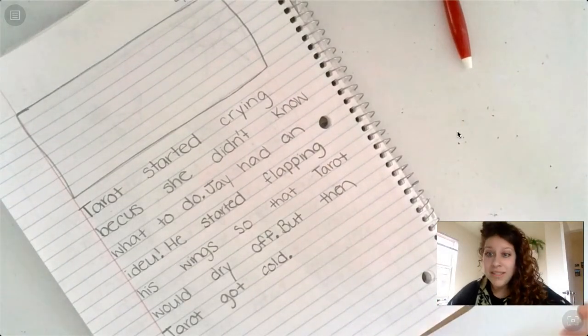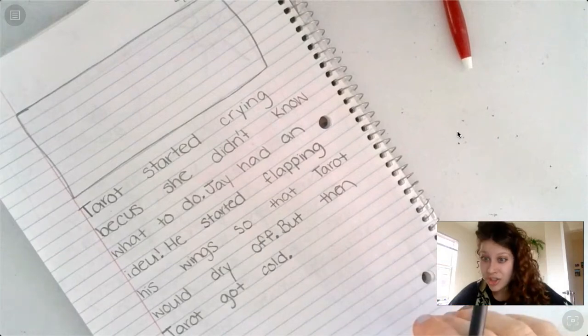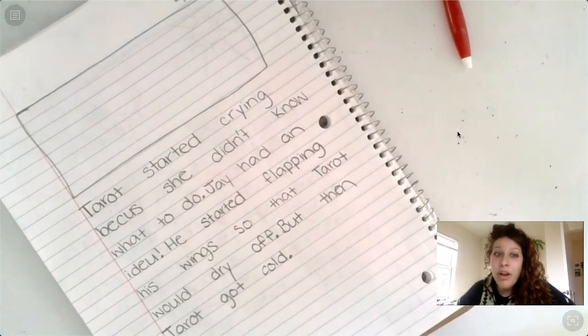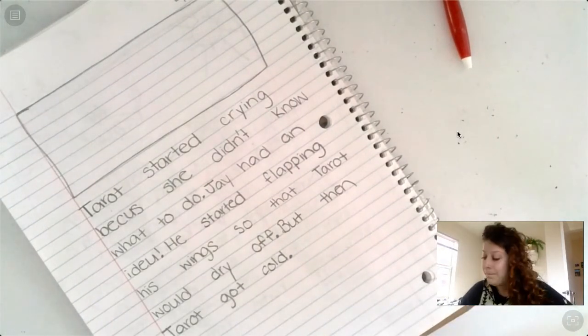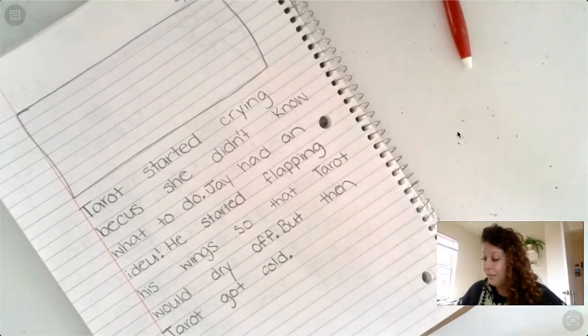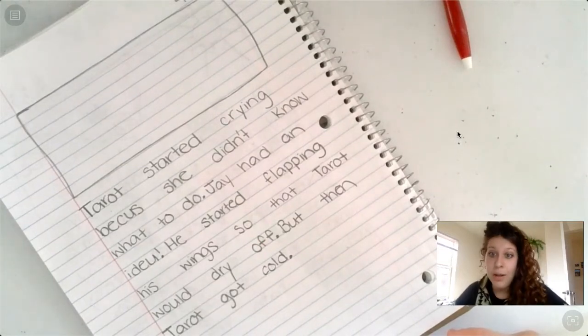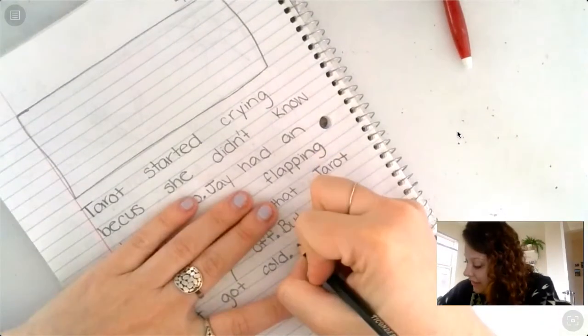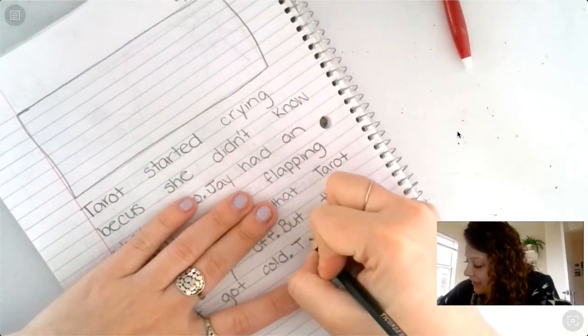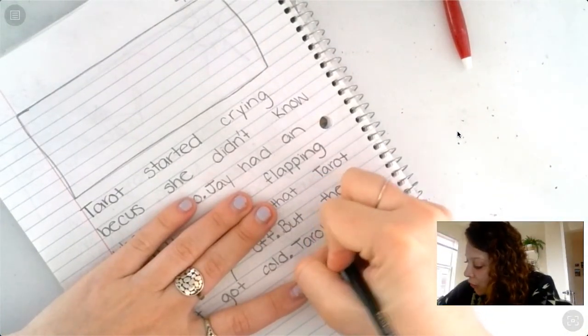Now, I'm going to say they're starting to get frustrated because Taro doesn't know how to dry off. I'm going to write that. I'm going to say Taro got frustrated because she didn't know how to get dry. Uppercase T, Taro.